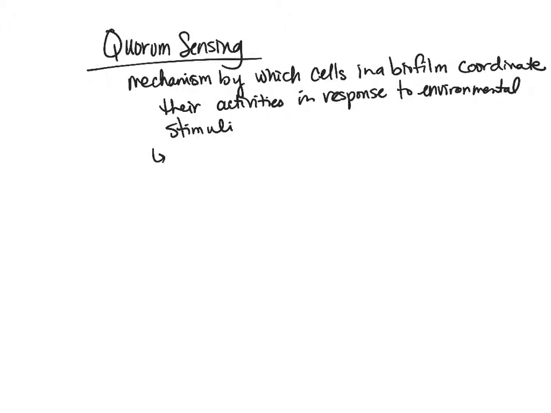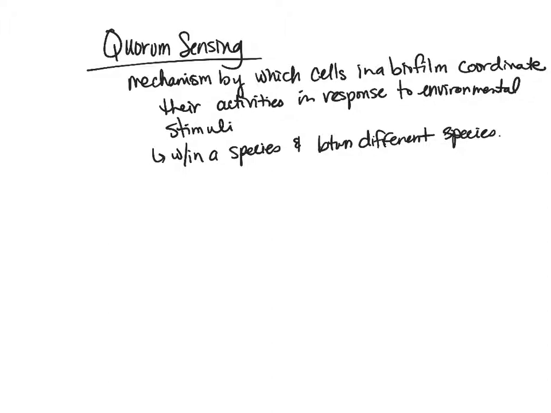So this can occur within a species and between different species. So they can communicate within their own species, and they'll use a certain type of molecule for that, and then they'll communicate between different species and use a certain type of molecule for that.